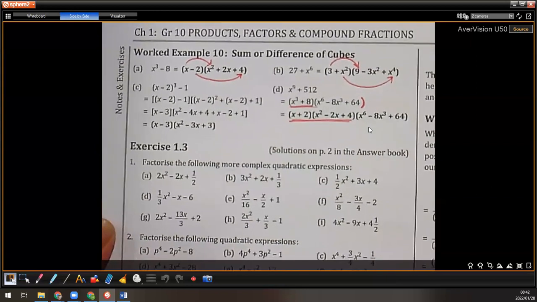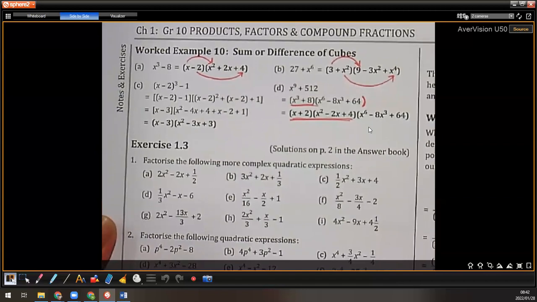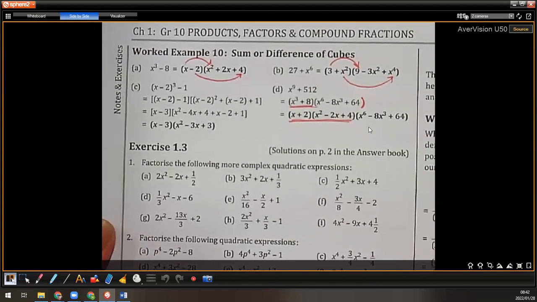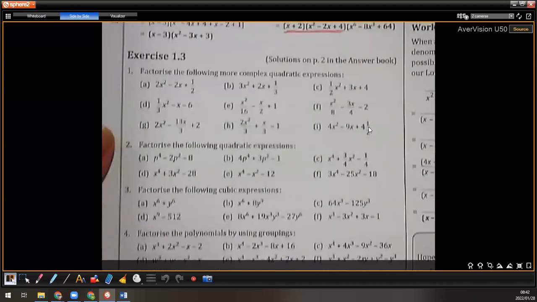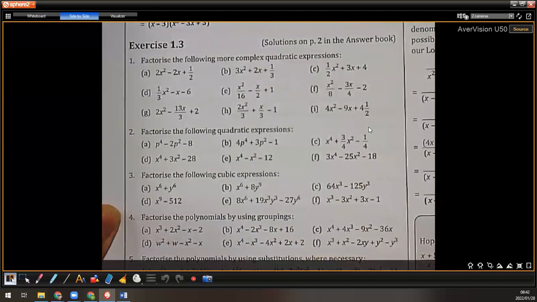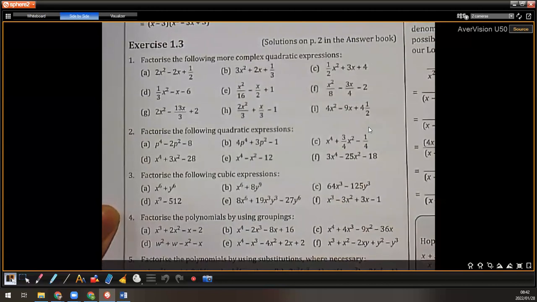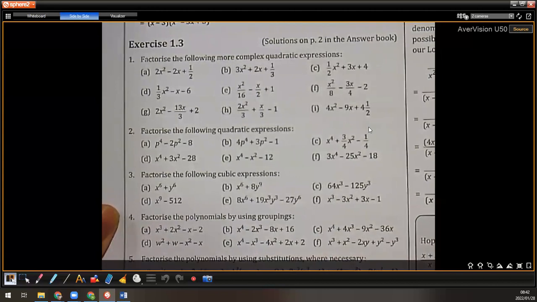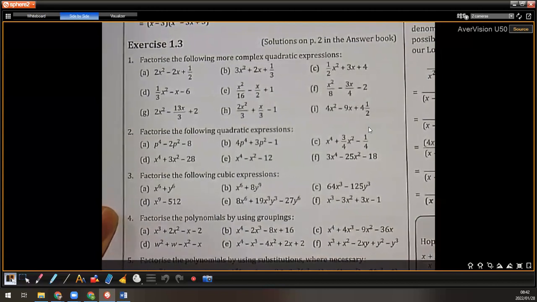I know that many of you are going to be on a camp this weekend, so I'm not going to give you homework specifically, but I do want you, if you have time this weekend, to look at, let me just check. We haven't done that as factorizing, we've done it as multiplying out.